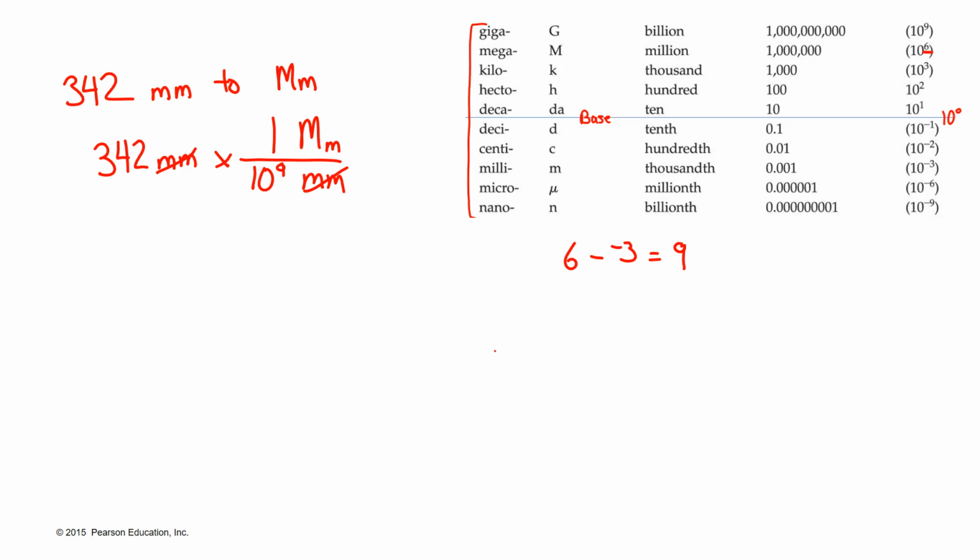So all I'm saying is that for every 1 megameter, I have 10 to the 9th millimeters. I could write this in another way. I could say for every 10 to the negative 9 megameters, I have 1 millimeter.